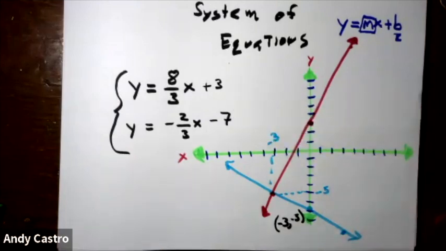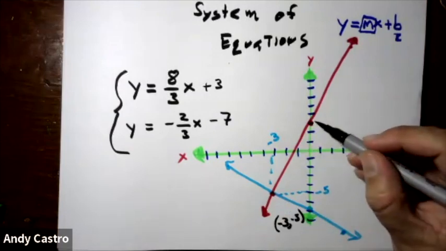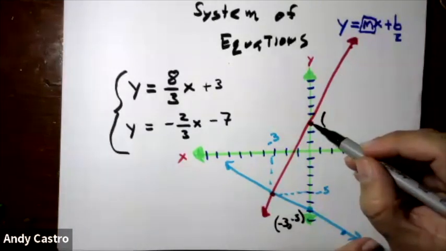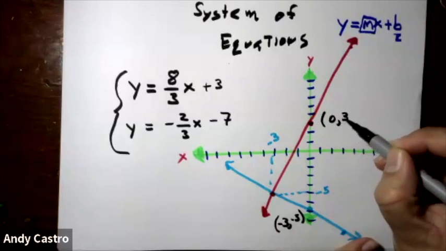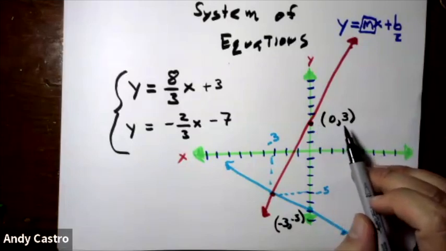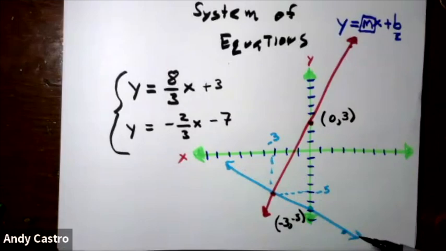So what do we mean by that it solves? It means where they intersect. Let's take this point right here on the red line: this point is (0, 3). Notice that the point (0, 3) does not exist on the blue line.